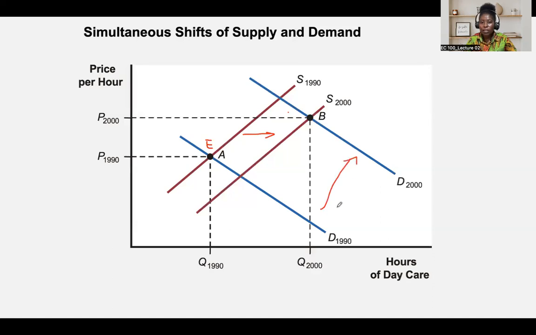So what happens? From here to here, you do the same thing as we have been doing. You start slowly, like when supply moves from here to here. You start with supply, at the same price.